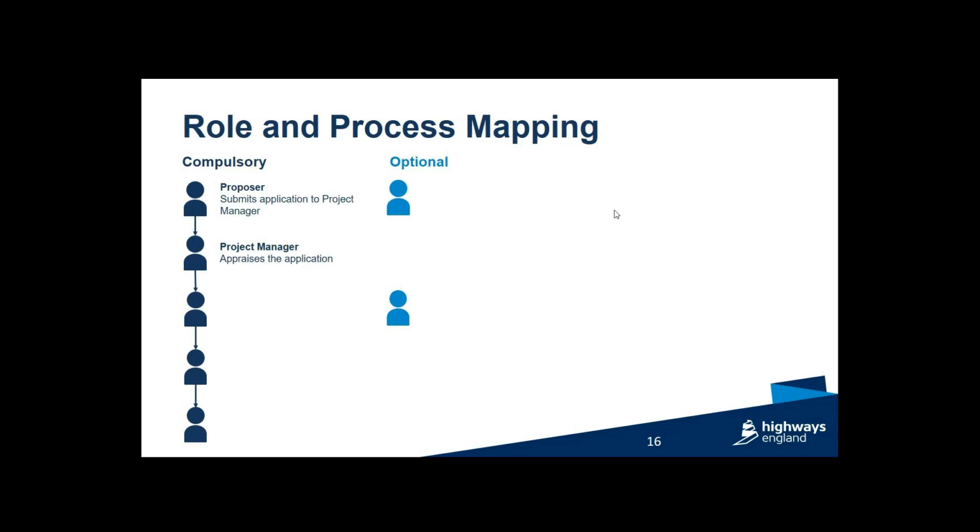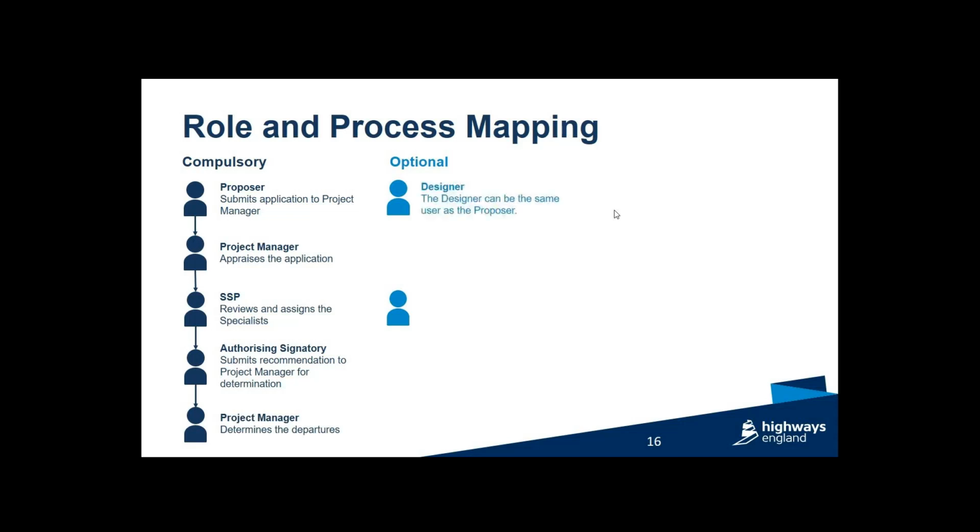The project manager is compulsory as they appraise the application. The SSP, who then reviews and assigns the specialist, and the authorizing signatory, who submits the recommendation to the project manager, and repeatedly they're the project manager for the determination.